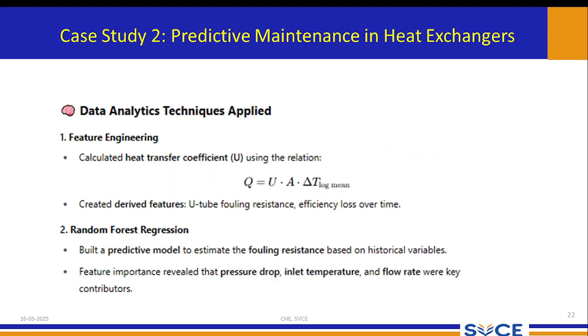Coming to feature engineering, we have already seen it in a few lectures back. I would like to recall it. Here we calculate the heat transfer coefficient using the relation Q = UAΔT. Feature engineering is a process of selecting, creating and transforming the data into relevant features for machine learning models.